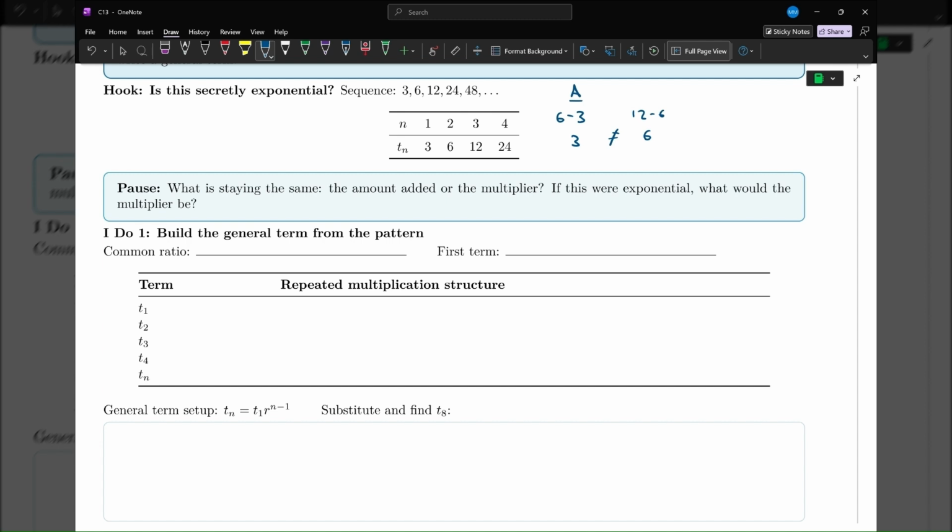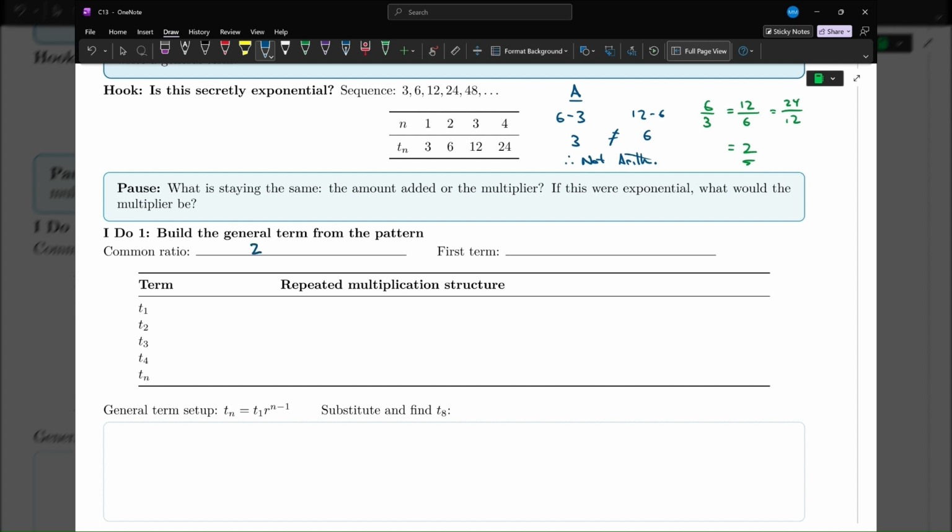Those are not the same, so therefore not arithmetic. Now, if I go geometric, 6 over 3 is 12 over 6, which is 24 over 12. In all those cases, it's 2. So my common ratio is 2. I'm just doubling my term every time.